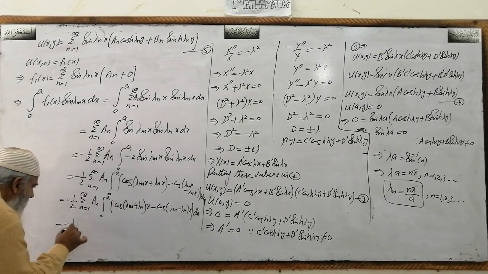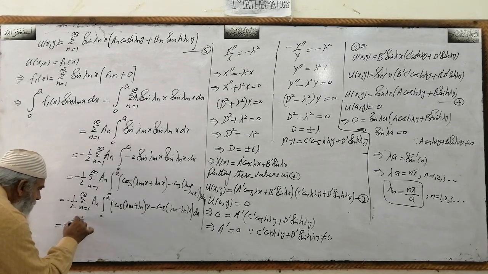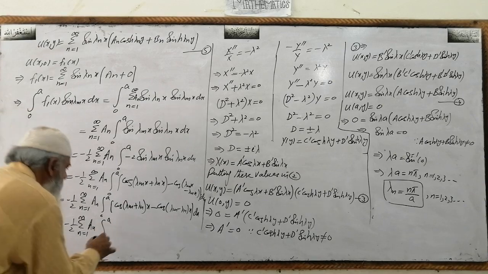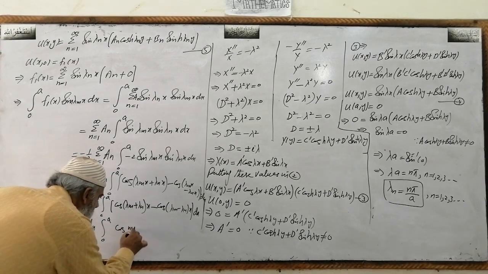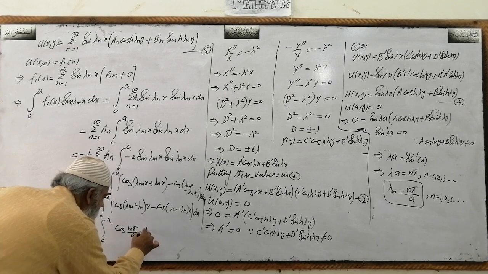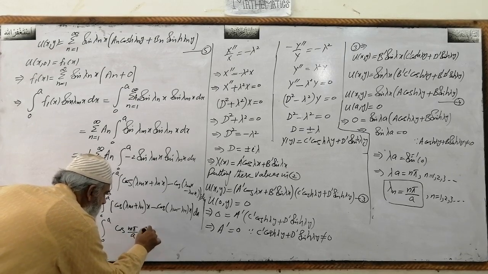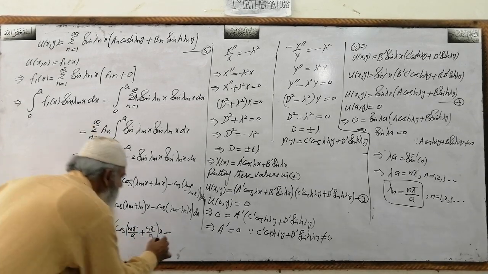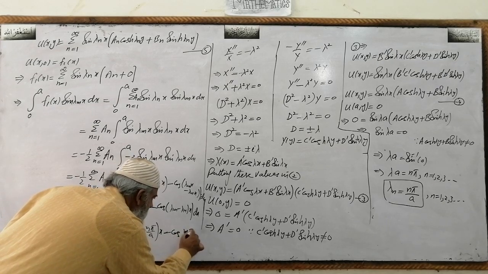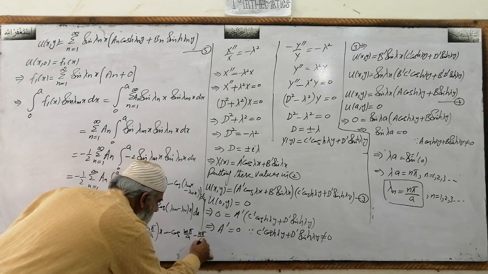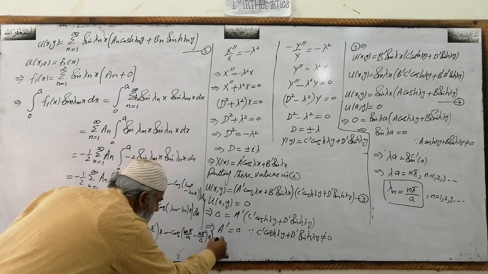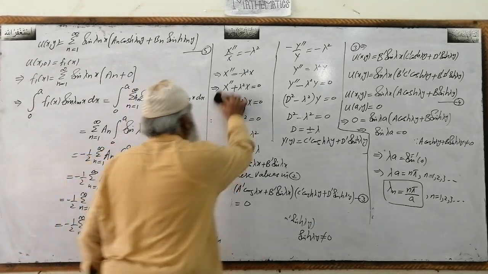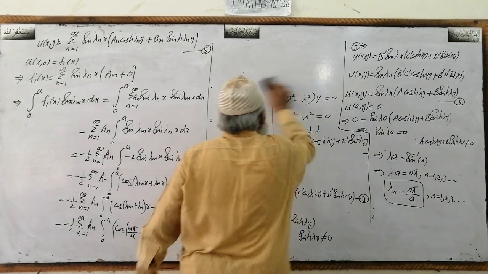This will become minus 1 by 2 sigma n varies from 1 to infinity a_n integral 0 to a cos of (m pi over a plus n pi over a) x minus cos of (m pi over a minus n pi over a) x dx. Once again we further simplify it.